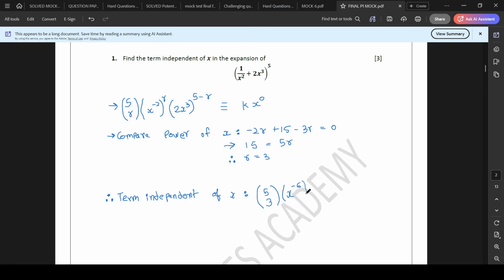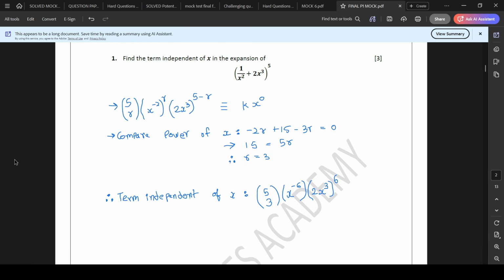So I'll just write minus 6. And then 5 minus 3 is 2, and 3 to the power of 2 is going to be 6. So it's going to be 2x cubed to the power of 6. You can see that this x to the power of minus 6.